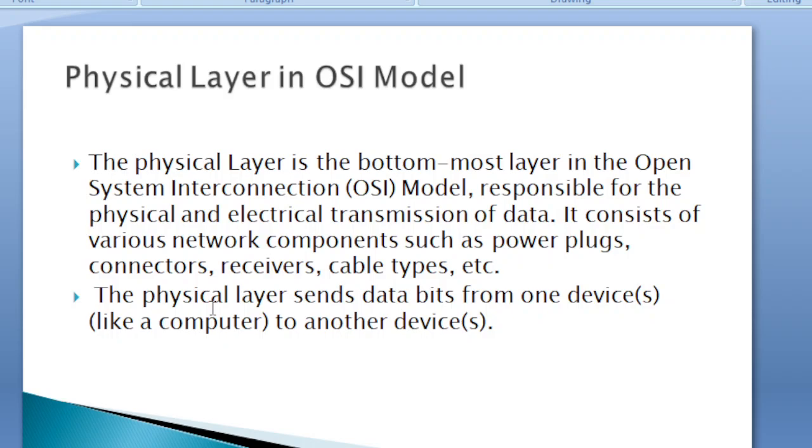Various hardware components such as cables, switches, and network interface cards are used in this physical layer. It plays an important role in establishing and maintaining the actual connection between devices in a network. The main functionality of the physical layer is sending data from one device to another in the form of bits.